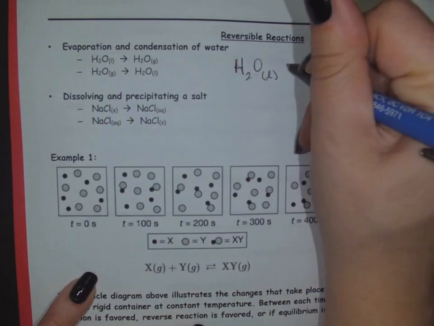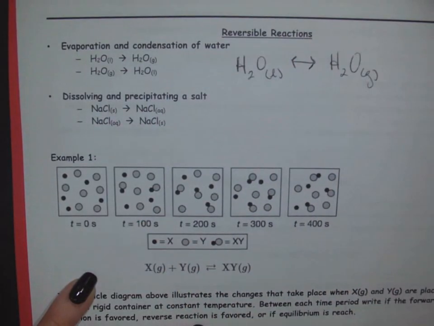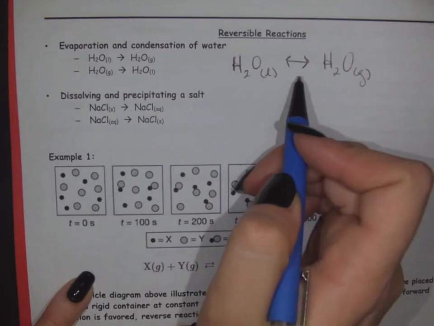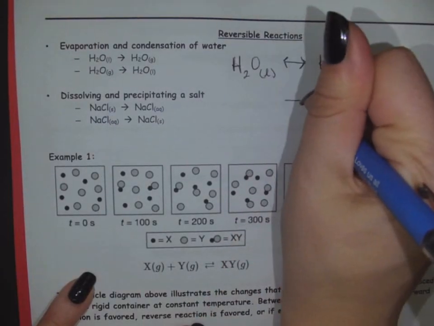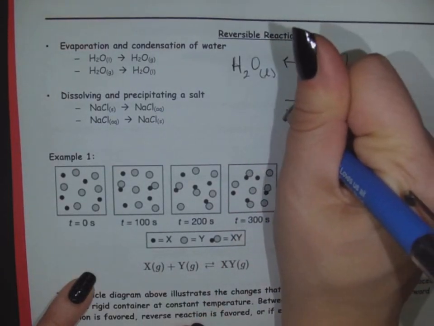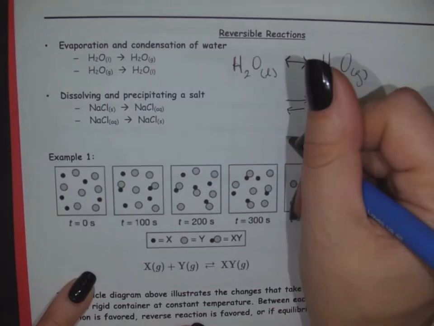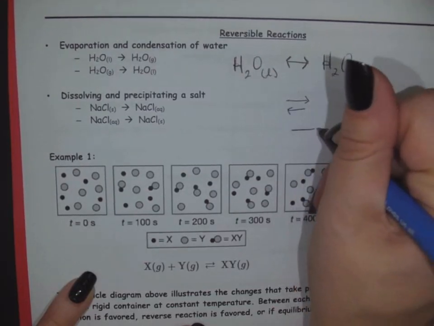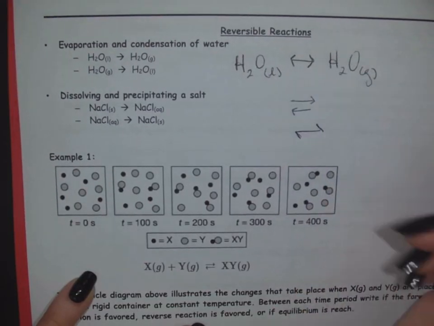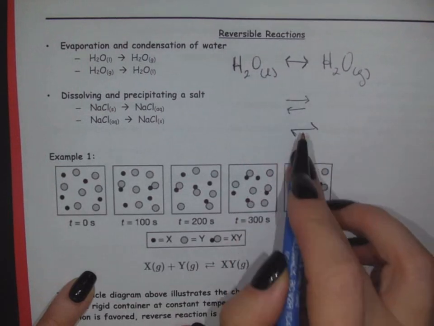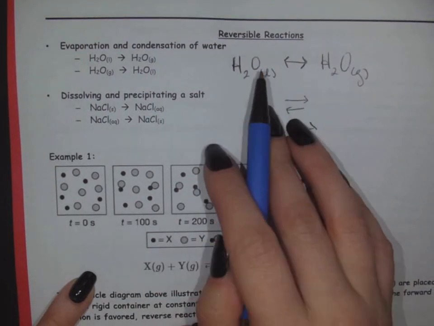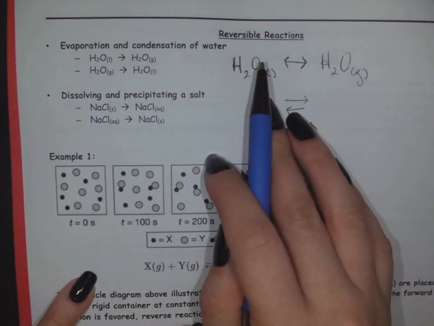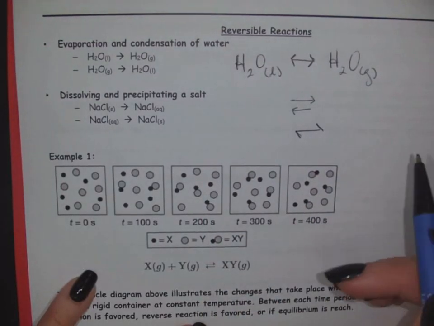That means we have a reversible reaction. There are lots of different ways to show it: a double-sided arrow, another one is two arrows, and a third way is this one. All of those are double arrows, showing equilibrium, where both the forward reaction and the reverse reaction are happening.